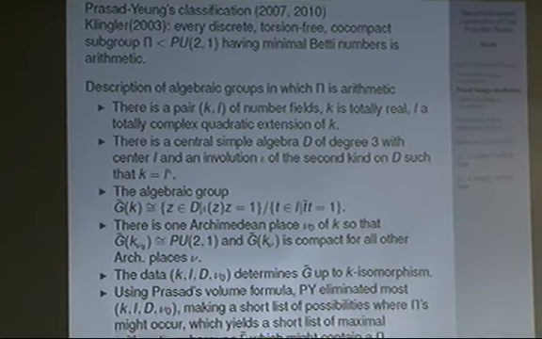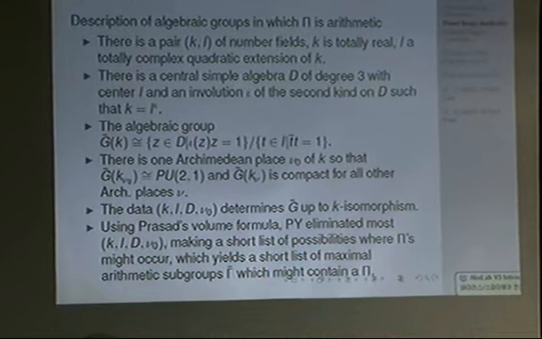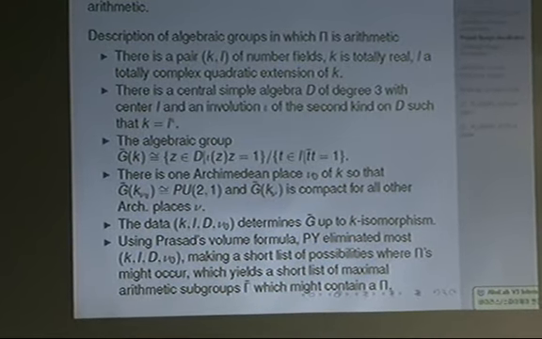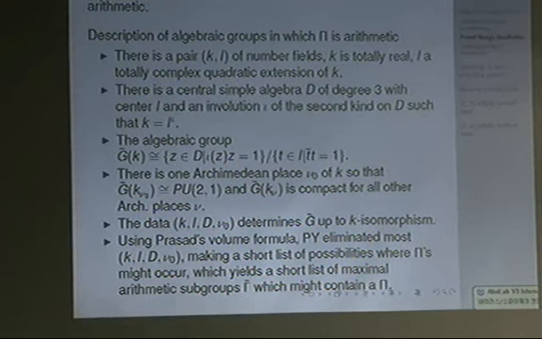And then, using Prasad's own volume formula, Prasad and Yeung eliminated most of the data K, L, D, nu 0, making a short list of possibilities where fundamental groups might occur, and which yield a short list of maximal arithmetic subgroups gamma bar which might contain a possible fundamental group.